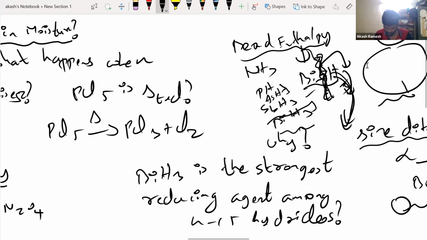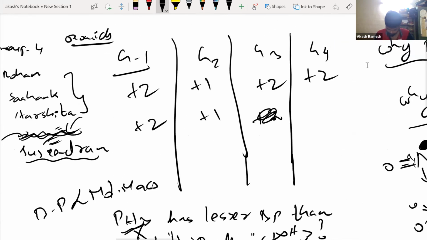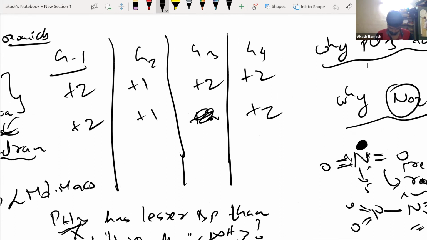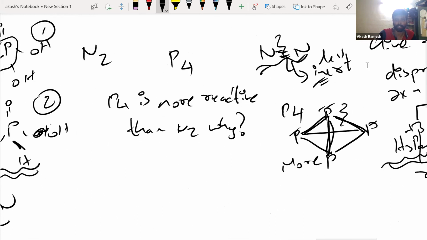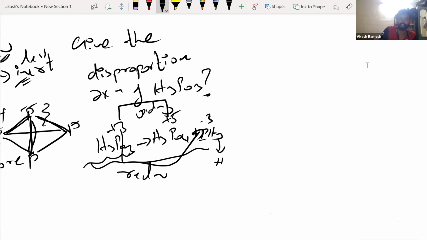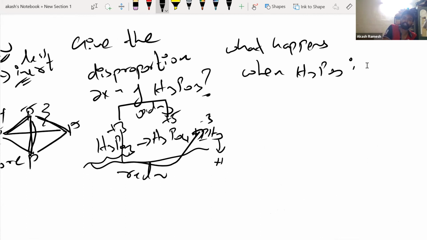Right. Okay. The question goes to group 1 now. It is actually the same question which I asked here: write the disproportionation reaction of this. I can even ask it differently: what happens when H3PO3 is heated?